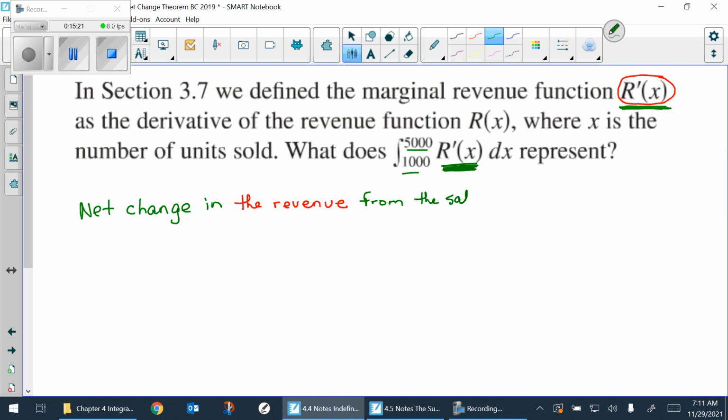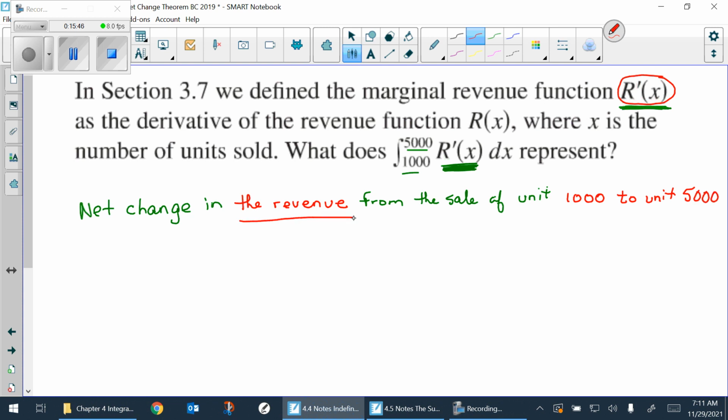This is from the sale of unit 1,000 to unit 5,000. So I've got to be specific. I've got to use that upper and lower limit.